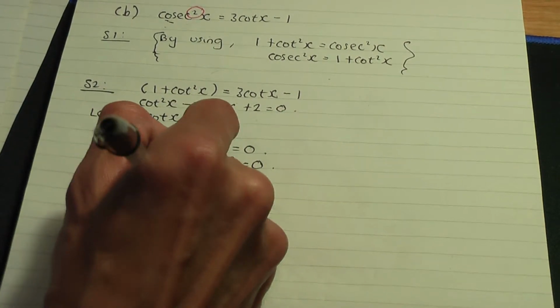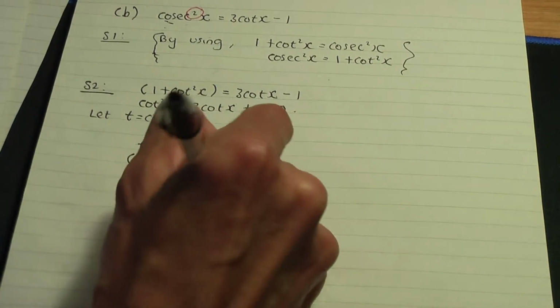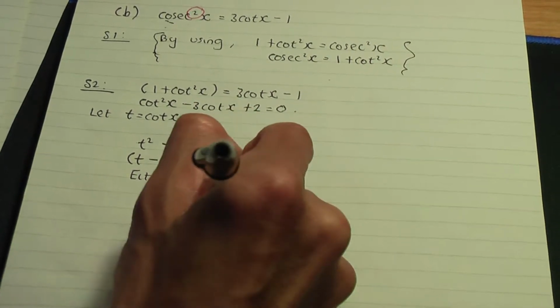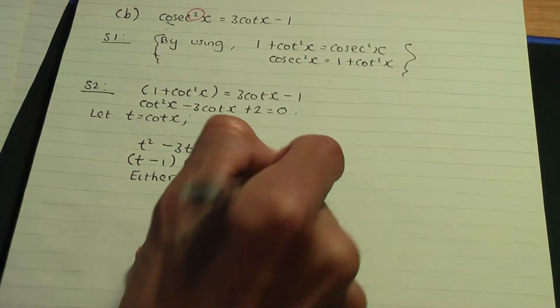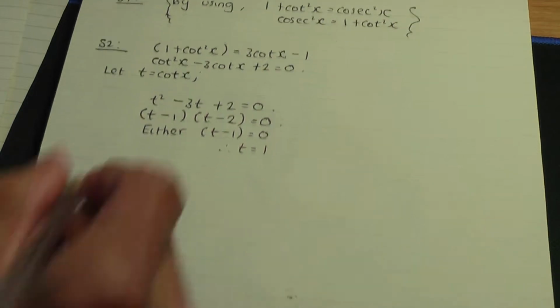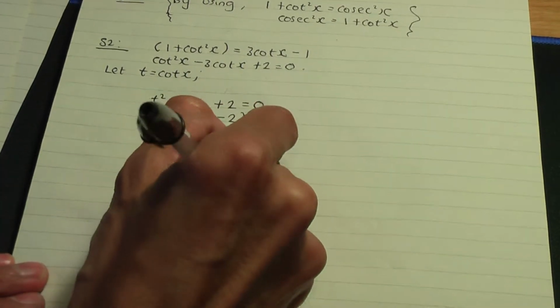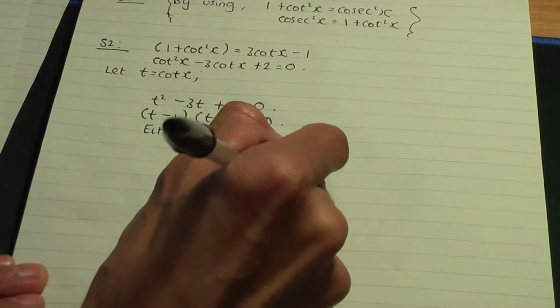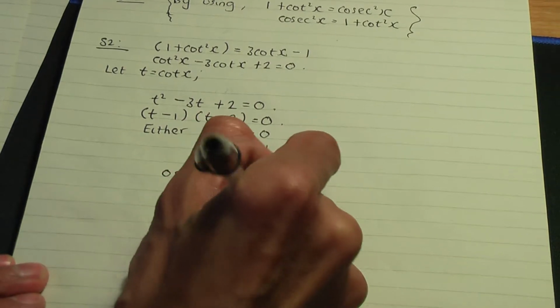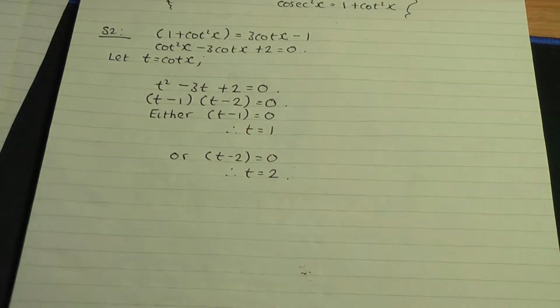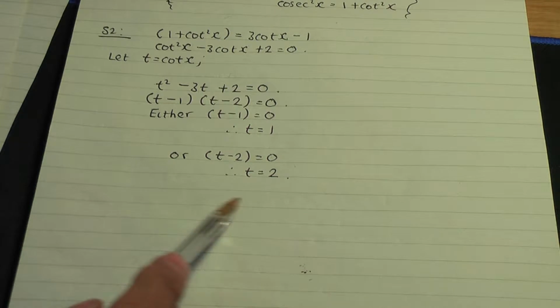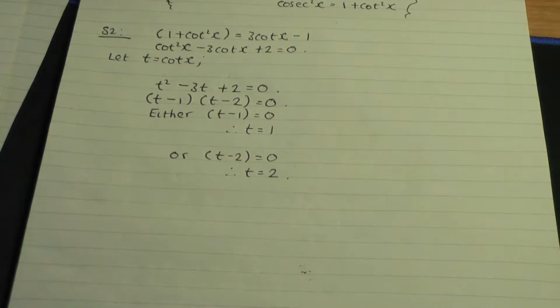So you've got two values of t: either t minus 1 equals 0, which means one of the t values is 1, or t minus 2 equals 0, which means a second value of t is 2. So that is step number 2.